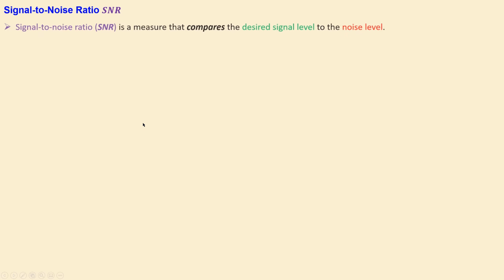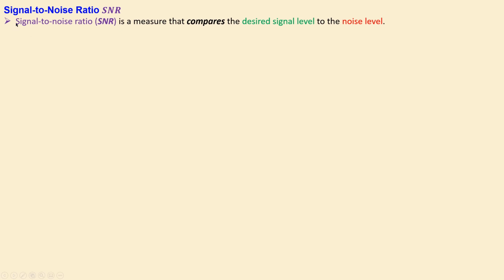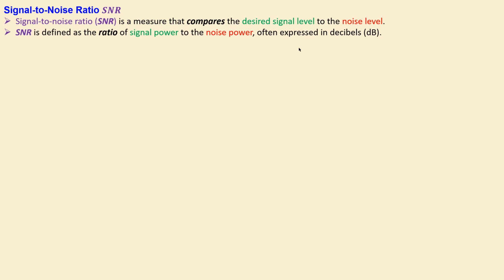is the signal to noise ratio, SNR. Now briefly recap, the signal to noise ratio is a measure that compares the desired signal level to the noise level. So we have a comparison, and the precise definition is actually the ratio between the signal power and the noise power, and that is often expressed in decibels, dBs.